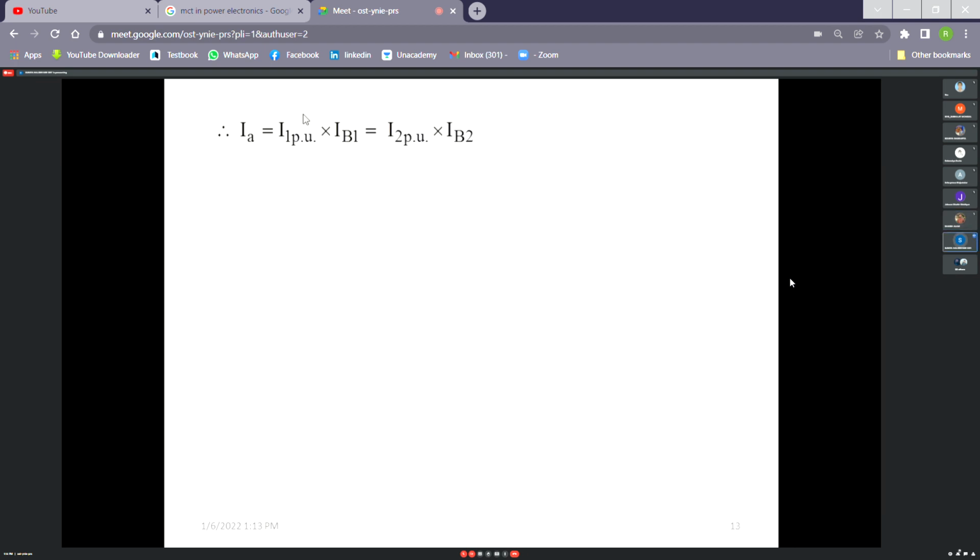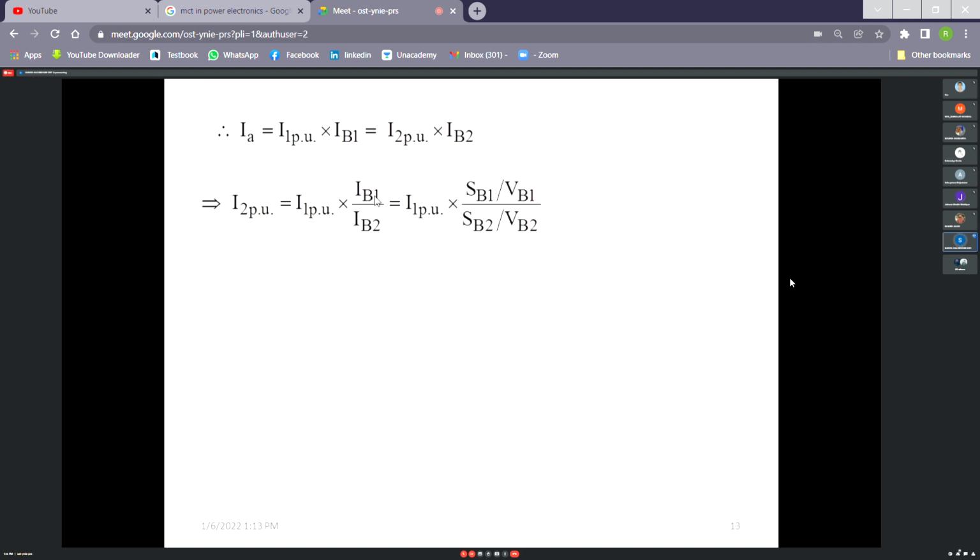Anyway, from the per unit quantities, we need not know the actual quantities. From one per unit value, we can get the new per unit value with the new base, if you know the old per unit value, the old base and the new base. Similarly, we can now convert current to MVA and voltage. Why?